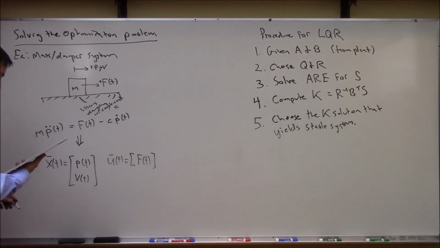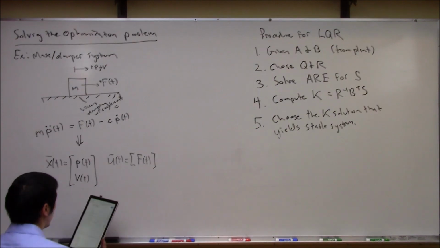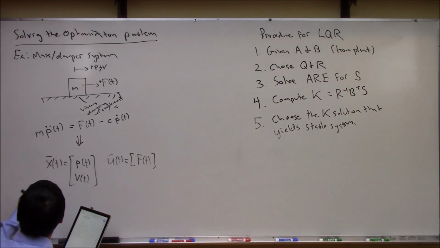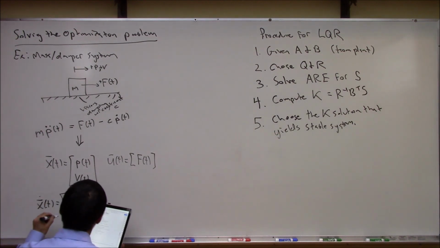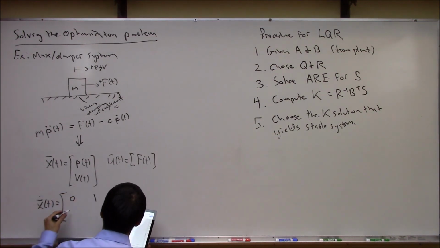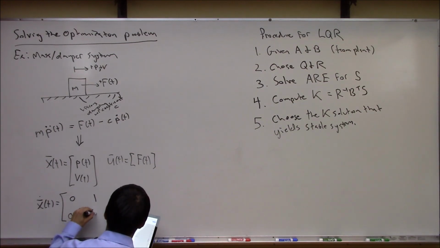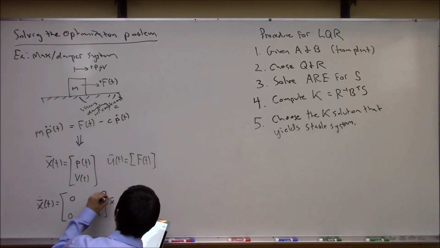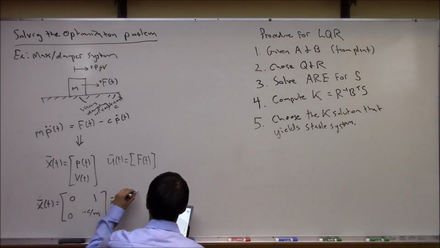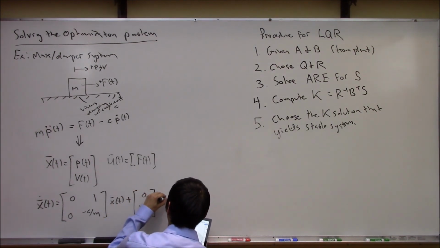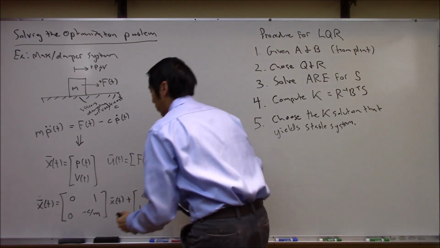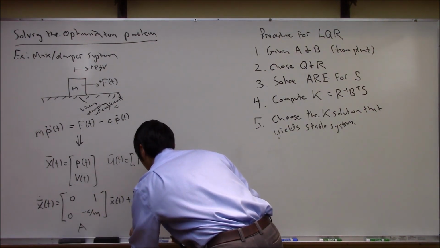If you do this, you can get a state space representation of x dot of t equals [0, 1; 0, minus c over m] x plus [0; 1 over m] u. Great, that's our state space representation. Here's our A matrix, here's our B matrix.